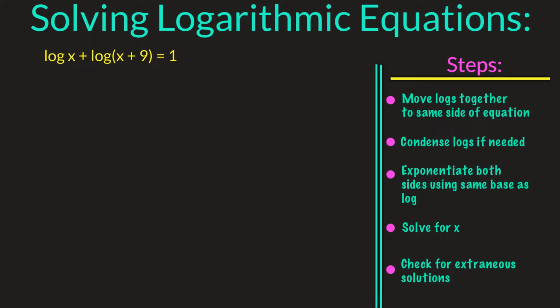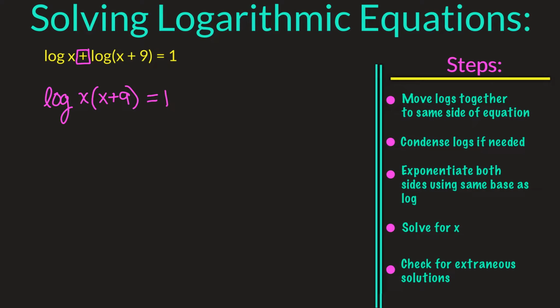Okay, moving on to the next example. First thing, we want to make sure that the logs are together on the same side of the equation, and they are. But because I have two logs, I need to condense it. Anytime you have a plus sign in between two logs, it's going to condense to be the product. So we're going to have log of x times x plus 9 equals 1.